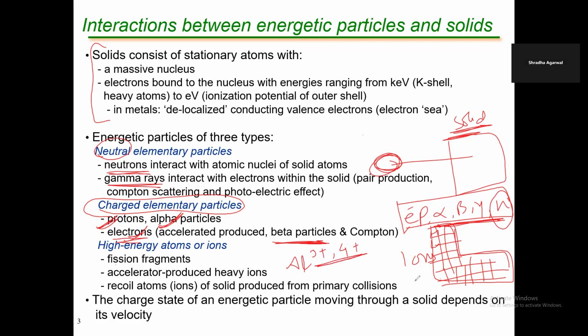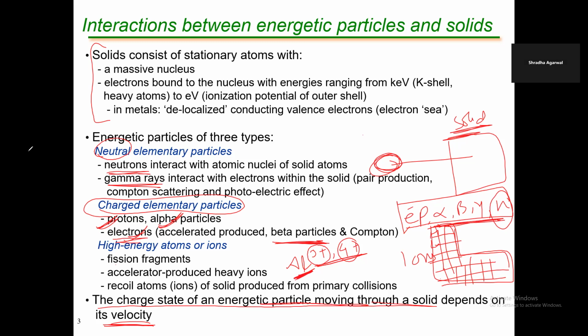So depending upon the energy of the particle moving through a solid, it depends on its velocity. So which charged particle would it be? It will depend on the velocity. That means it will also change its charge state. But charge state is generally not the topmost criterion that you use, because you are basically worried about the nucleus part here with the ion, right?